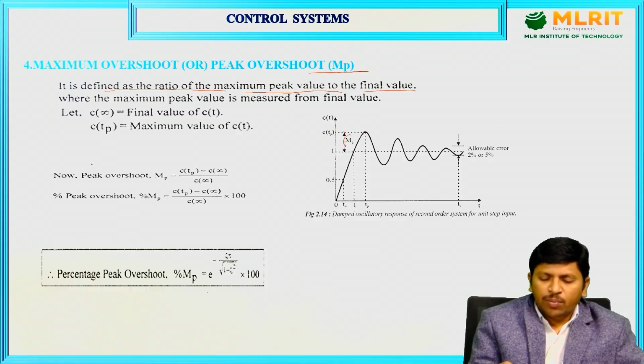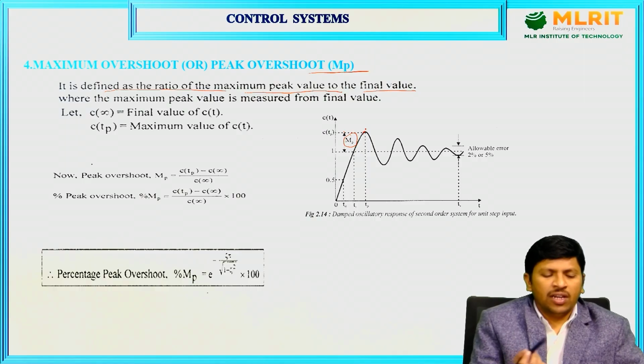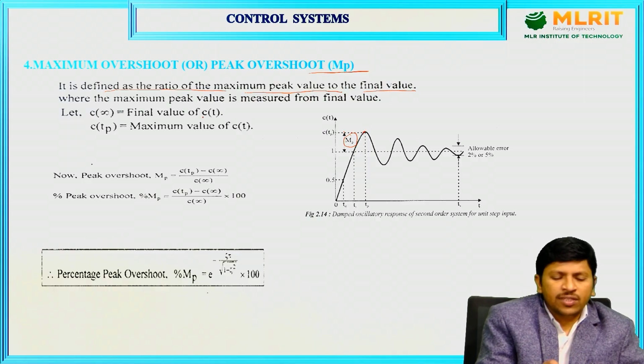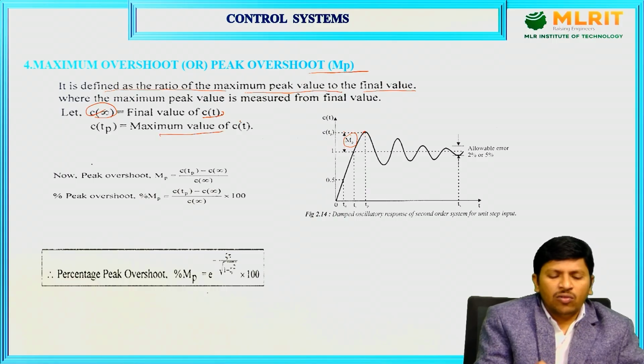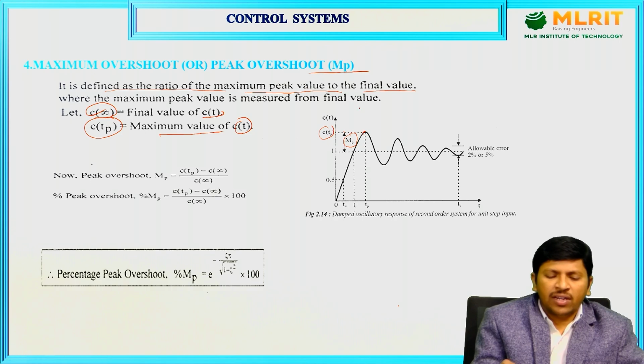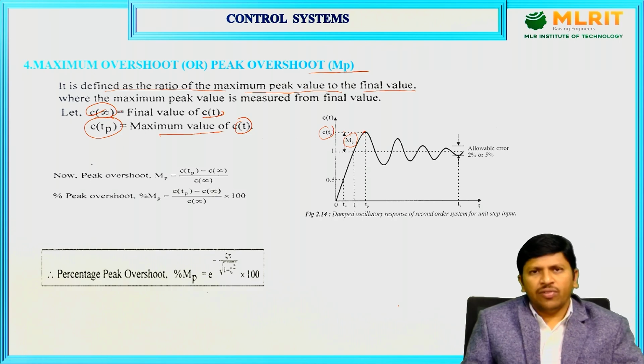The final value of c of t is c of infinity, and the maximum value of c of t is c of tp.